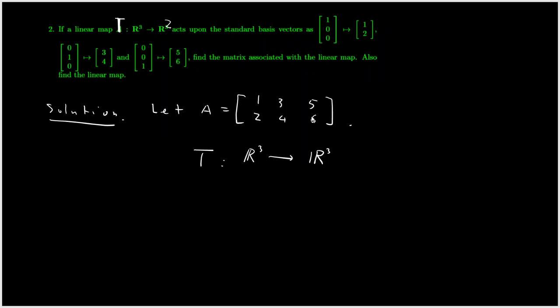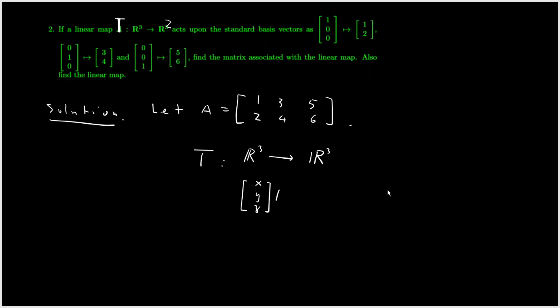Now the rule, the machine. I think I used the term machine last time. A machine can process inputs and produce outputs. If I give you the input, let's say (x, y, z). Again, the notation is not unique. You could use a, b, c, but in most cases we use x, y, z to represent an arbitrary vector in R3.